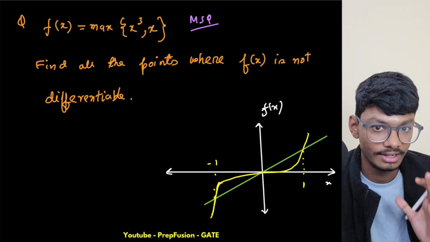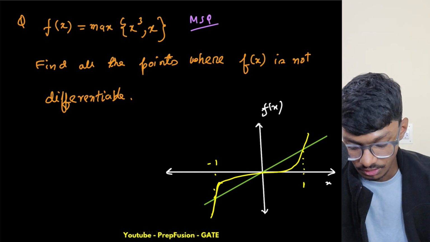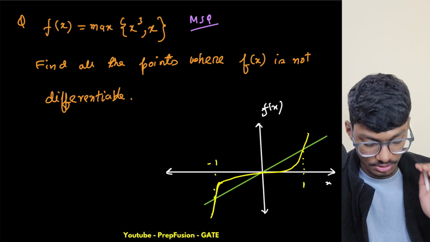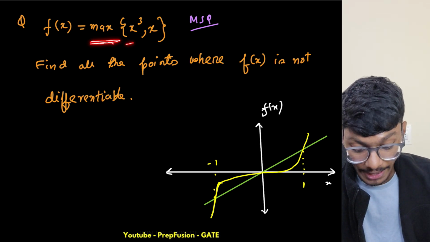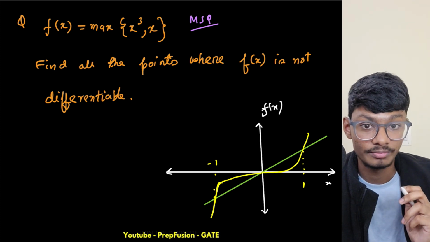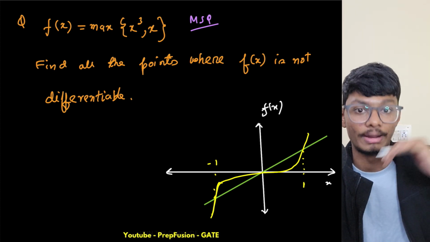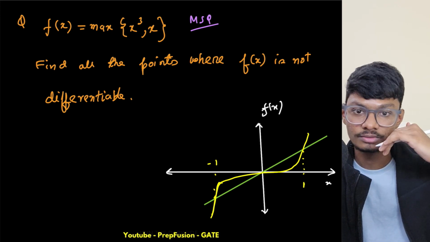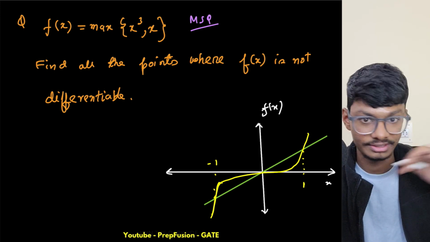Now can we understand something? What does the graph of my function look like? It is the maximum of x cube and x. What does maximum mean? Maximum means the maximum positive value. So whichever part is above, that part I will take, others I will reject.